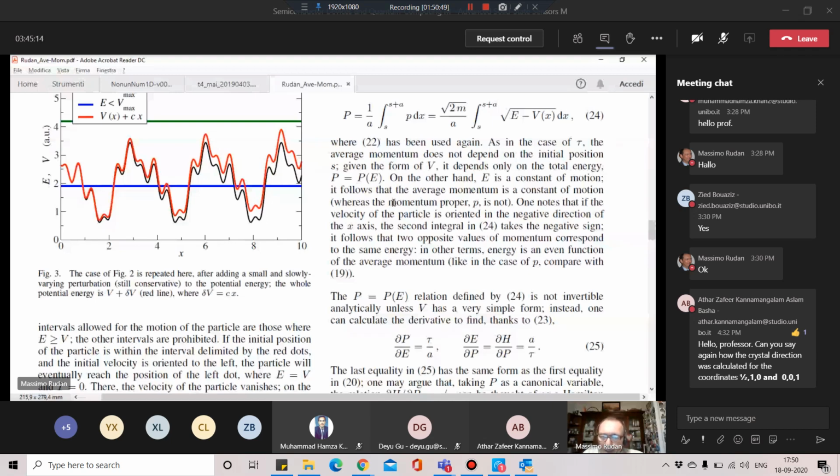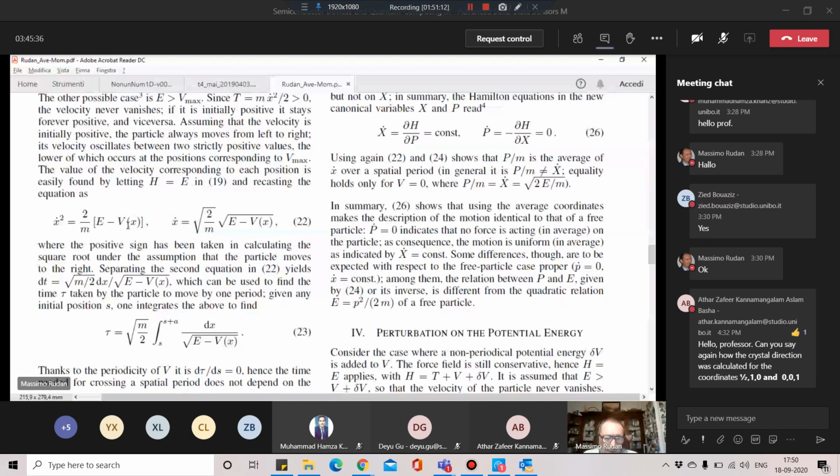Another important thing is that when you take the relation between velocity and this expression, you take the square root, okay? When you take the square root, you have a double sign, okay? So, in principle, to the same value of energy, there are actually two possible velocities, one positive and one negative.